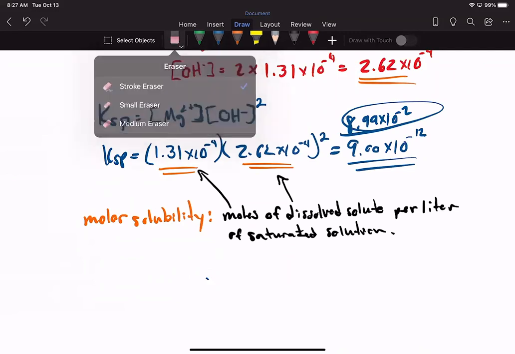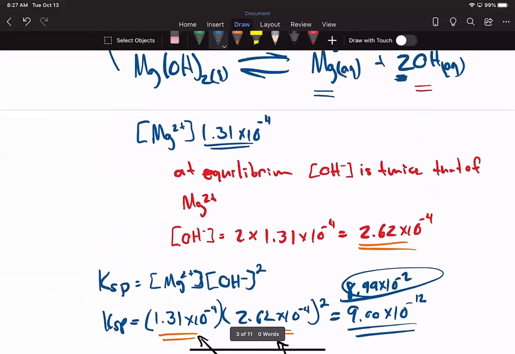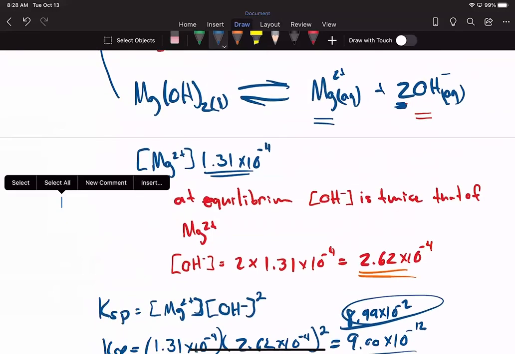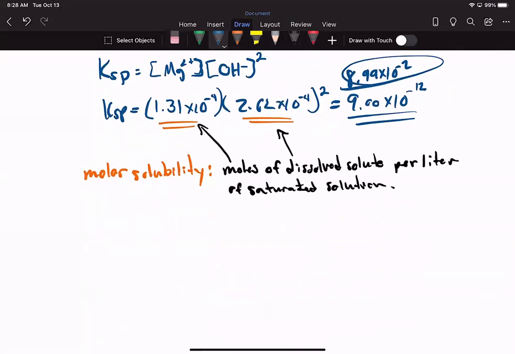So let's see if we can calculate that now. We can absolutely calculate the KSP if I have some concentration at equilibrium of one of the anions or one of the cations. Now let's try calculating the molar solubility if you're given the KSP.